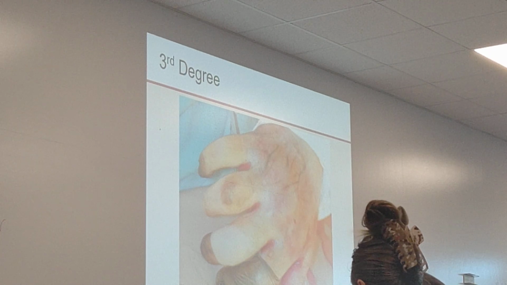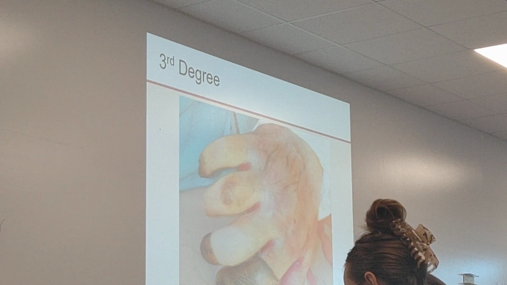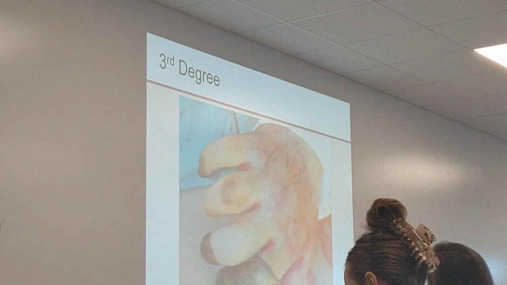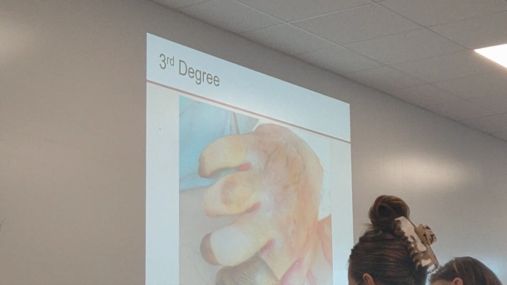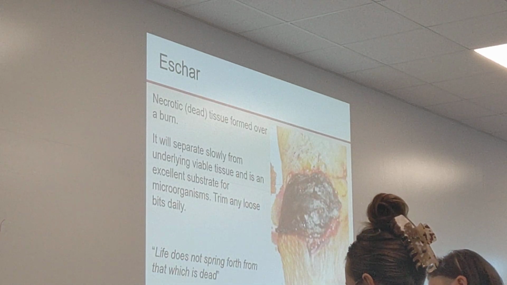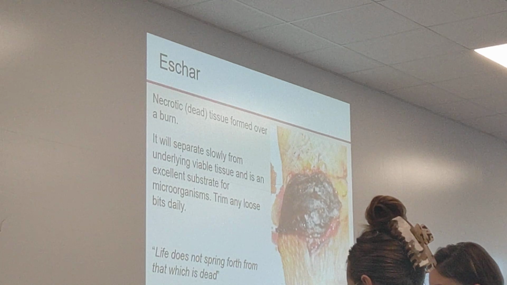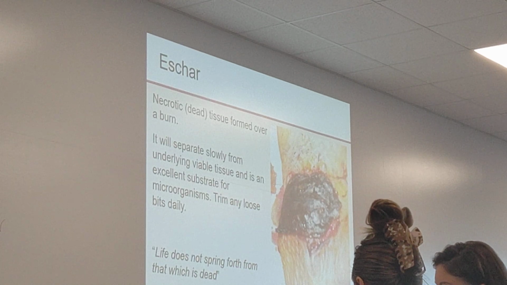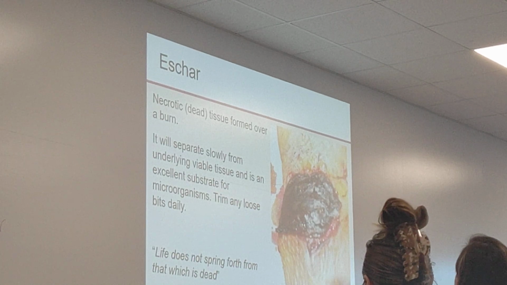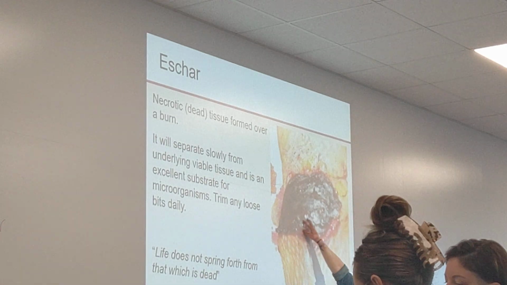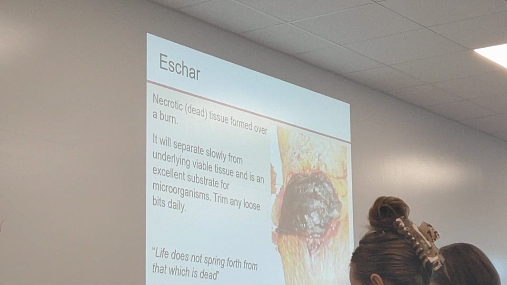See how you can see their veins and their arteries and the little capillaries. That's scar tissue. So this is all dead tissue, right? That's died already and kind of gone. It's covering the wound.